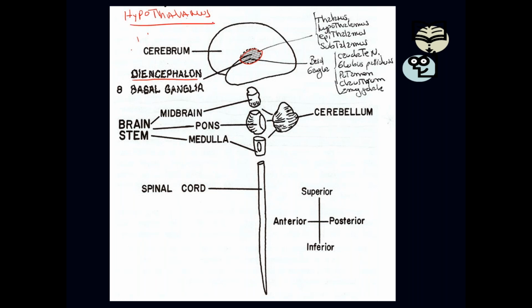The hypothalamus is going to be part of homeostasis, hand in hand with the endocrine system, of course.